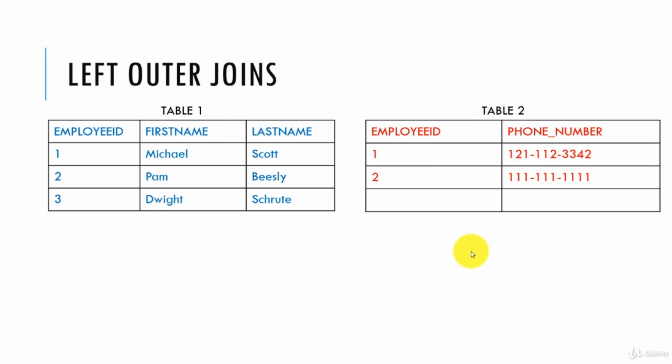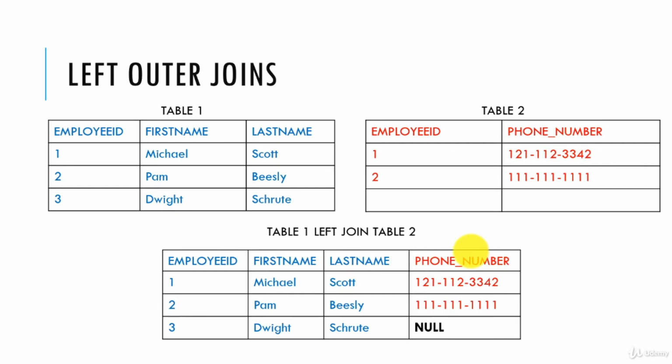What left outer join does is it takes every row from your left table and all the rows from your right table that are common with your left table, and whatever is not common, it just marks as null. So this will be the result. You see that rows number 1 and 2 are common, so you find data from both the tables, whereas the third row is only available in your left table, so it could not find a corresponding match in the right table, hence it is replaced by null.